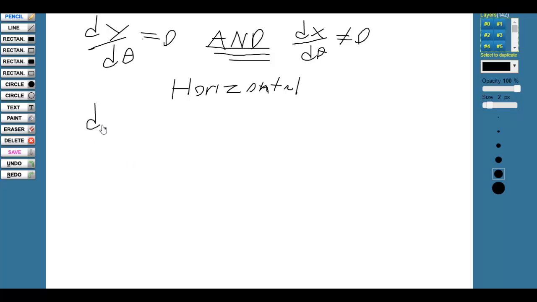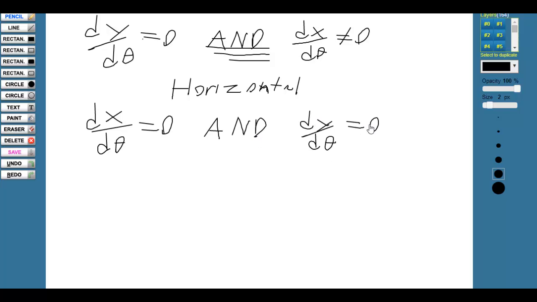The opposite goes true for vertical tangents: when dx/dθ equals 0 and dy/dθ does not equal 0, there is a vertical tangent. However, when they are both 0, you cannot figure anything out. It tells you nothing.